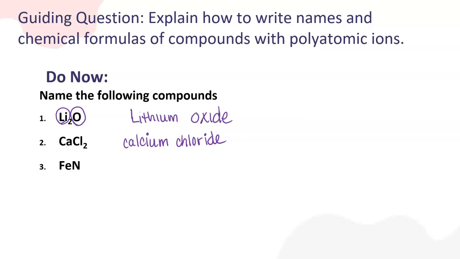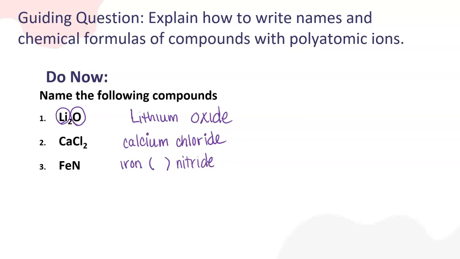Finally, we have Fe and N. Fe is iron. And is that a transition metal? Yes, it is. So that tells us that we need to put Roman numerals in. I like to put parentheses and leave a space. And then we look at the N, which is nitrogen, that becomes nitride.